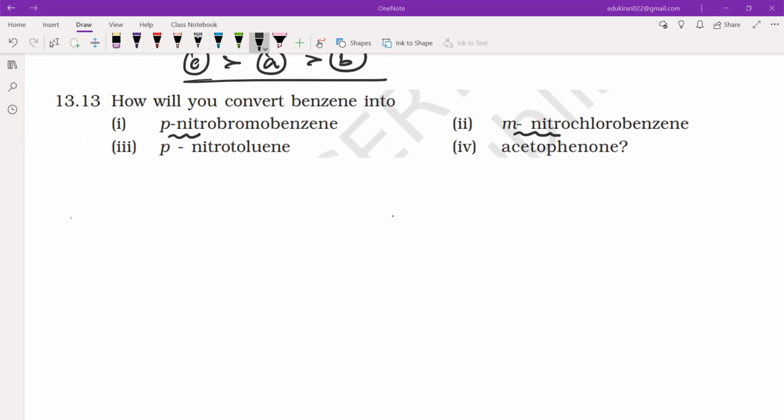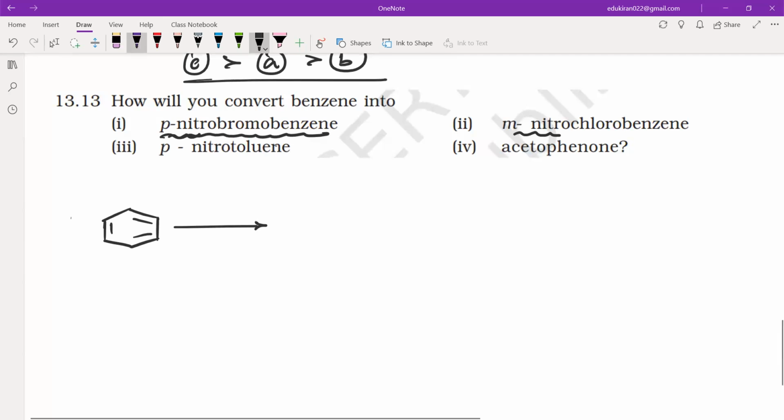Read the first one. Tell me. What do you feel, Samara? Benzene to... Will you be able to make the structure or not? You can make the structure, right? Yes, sir. Okay.